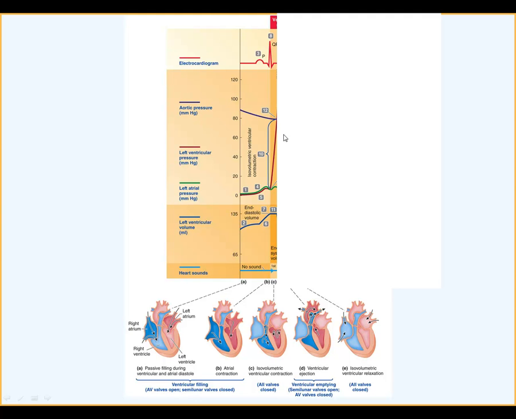So once again, the isovolumetric contraction phase is the phase between the closure of the atrioventricular valves and the opening of the aortic and the pulmonary valves. We call that isovolumetric contraction phase. Isovolumetric ventricular contraction phase, if you want to be very technical.